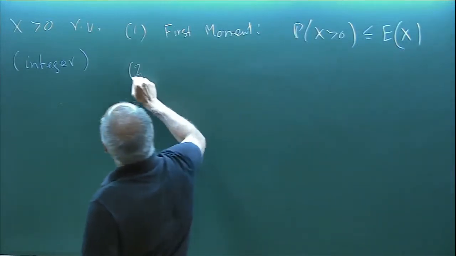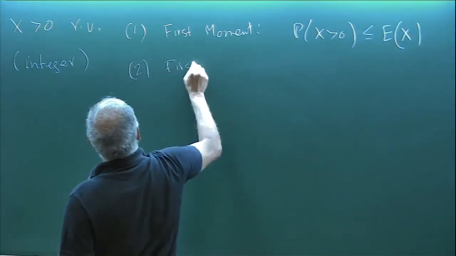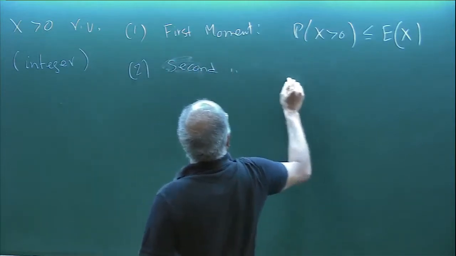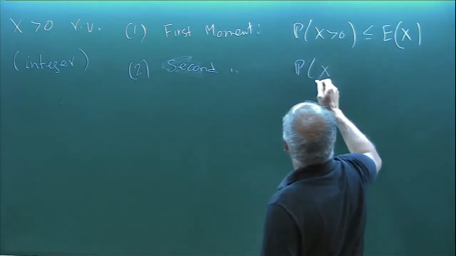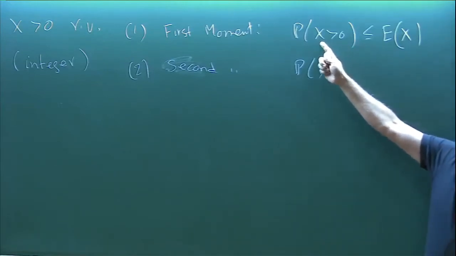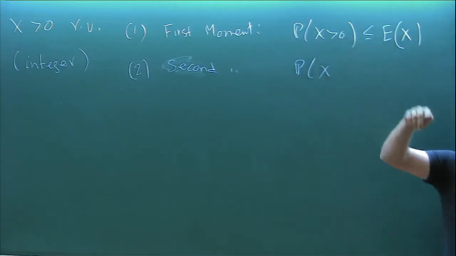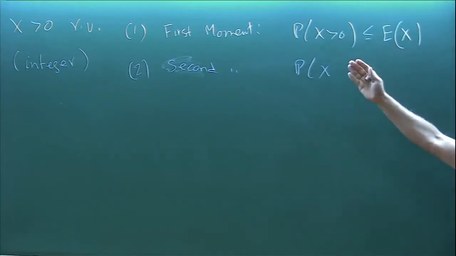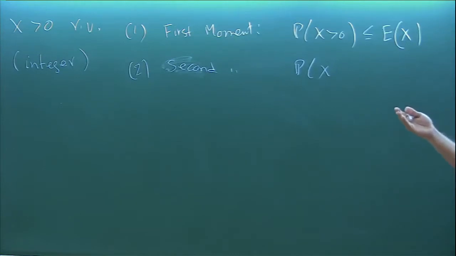The second one, based on adjusting the parameters, you would like to say actually the probability X positive goes to 1. Of course, we all know if expectation goes to infinity, it doesn't necessarily mean that it happens with positive probability or probability going to 1.